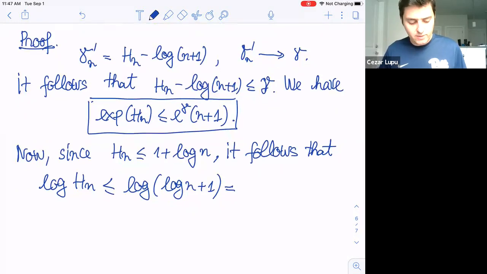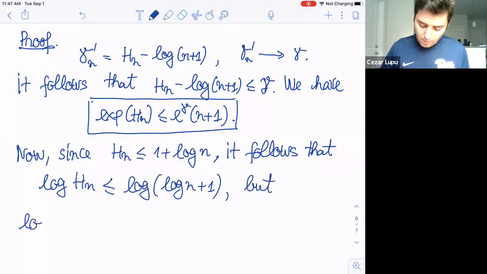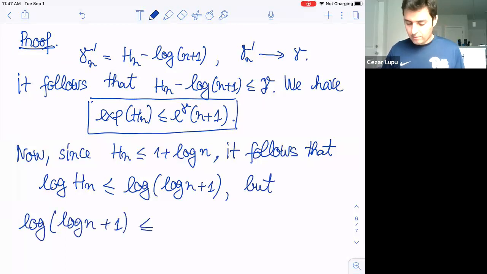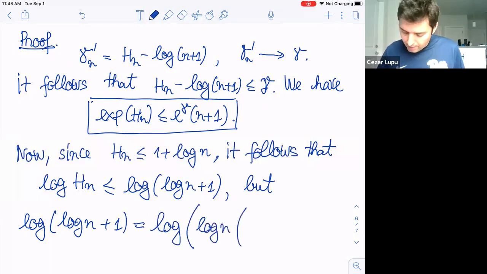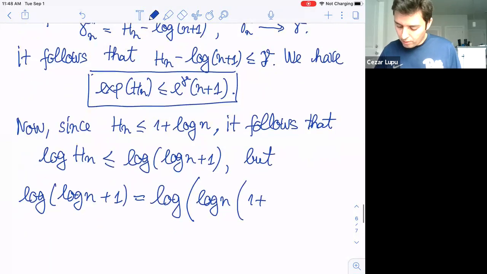Usually when you have something like log of log n, you try to factor a log n out of the inside. So log of log n plus 1 is equal to, and now I'm going to force a factor inside here, so this will be log n, and here will be 1 plus 1 over log n.